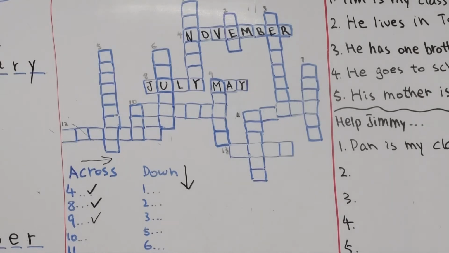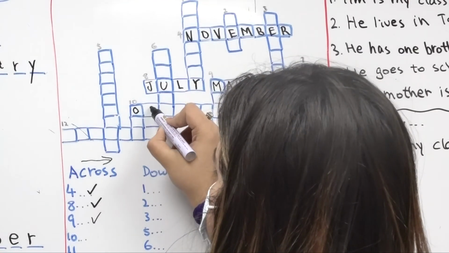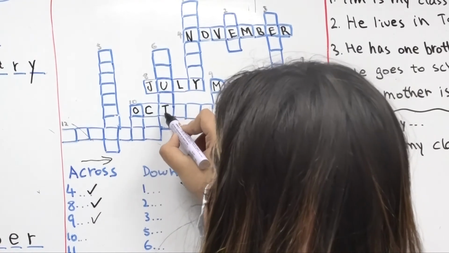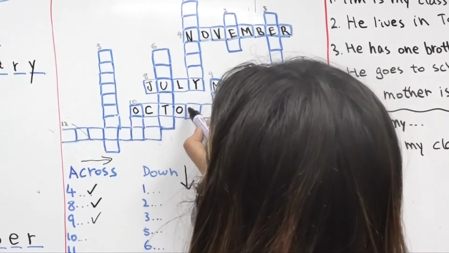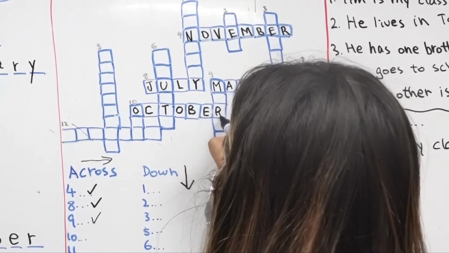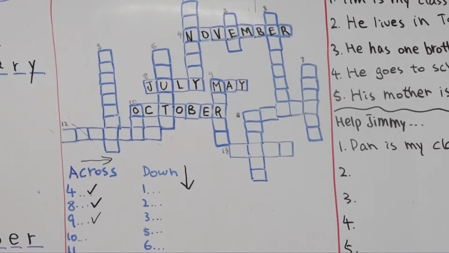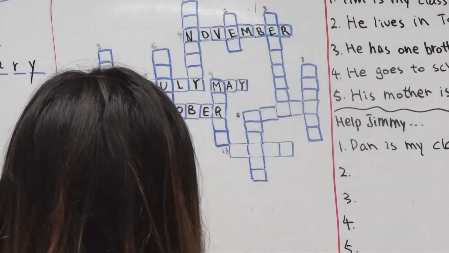So the 10th month of the year is October. Yes, October. So how do we spell October? That is O-C-T-O-B-E-R. Remember, whenever we do crossword, we use capital letters. Okay, this is how we do crosswords. Capital letter, okay?